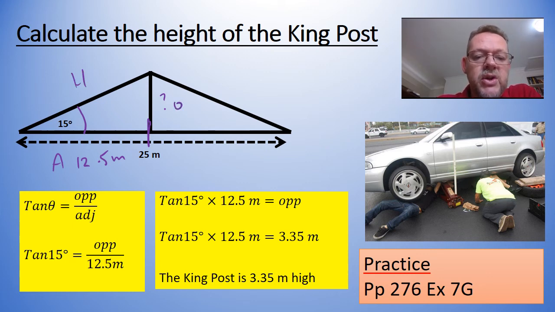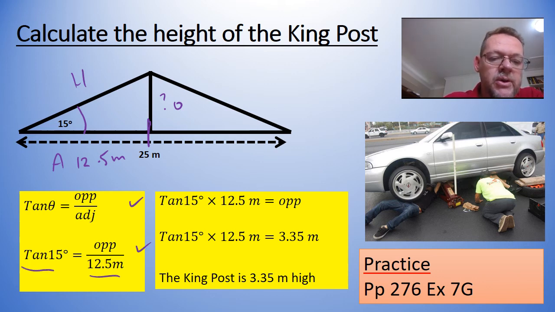So we're going to use tangent again, and we don't know the opposite this time. So we can write our formula out, and then we can substitute in. We know that tan 15 equals opposite over 12.5. Now we want to make this all by itself on one side of the equal sign.